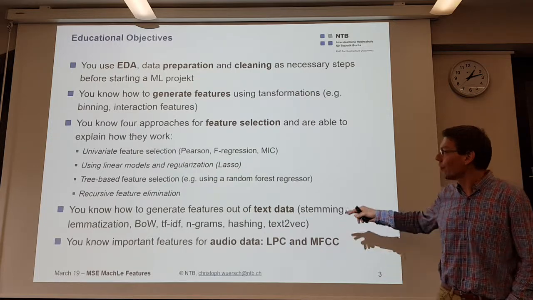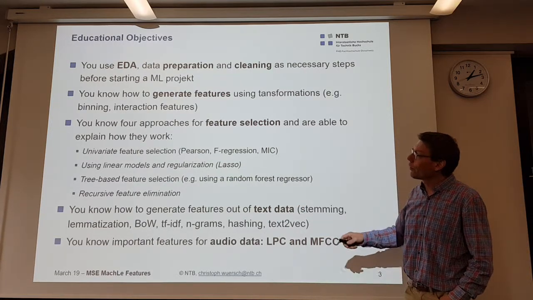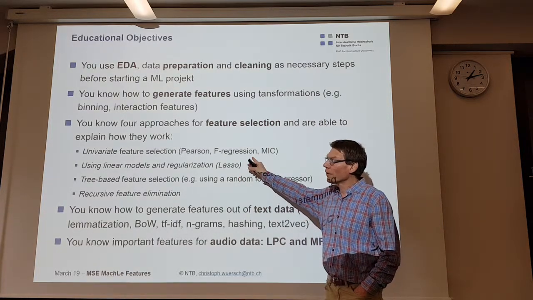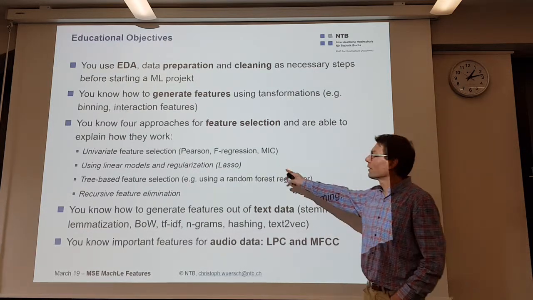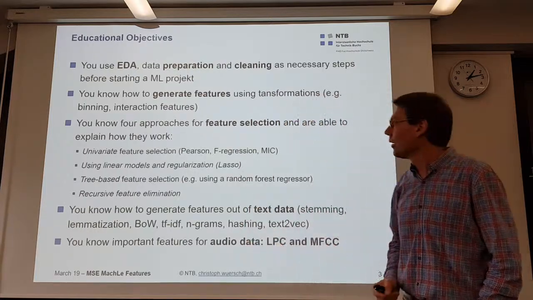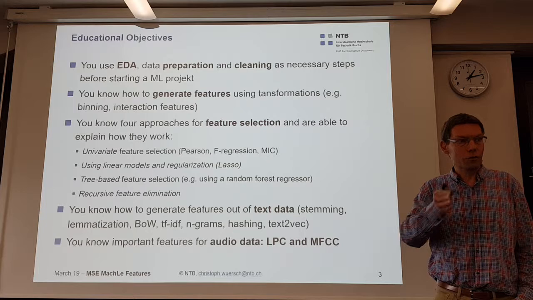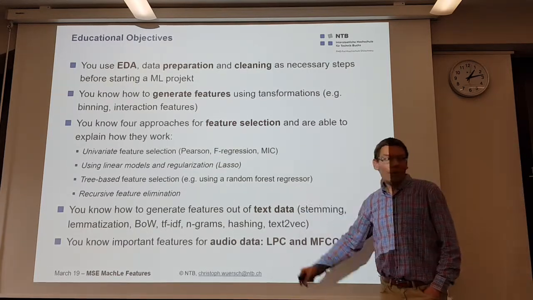And here we look at four methods of how to select features. One we had already, the lasso regression, and we have univariate feature selection. This is mainly looking at the correlation coefficients in a linear model for one feature after another, so single feature, single feature, single feature. Or tree-based feature selection.